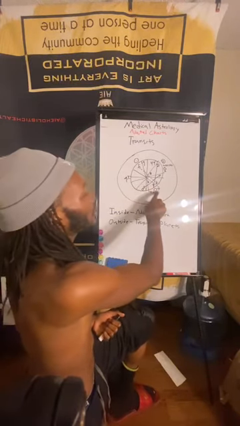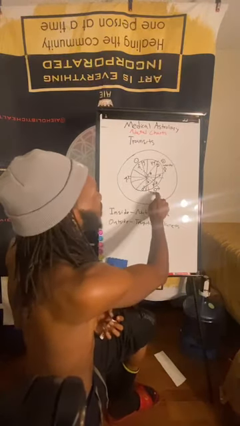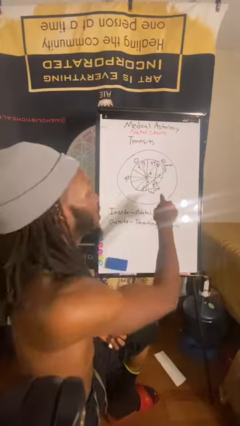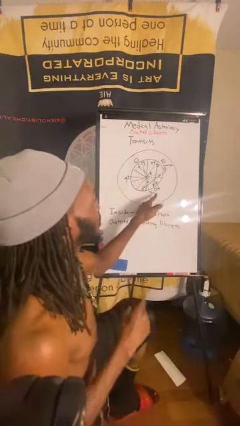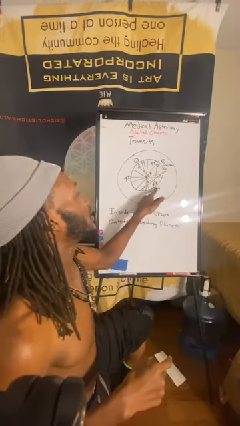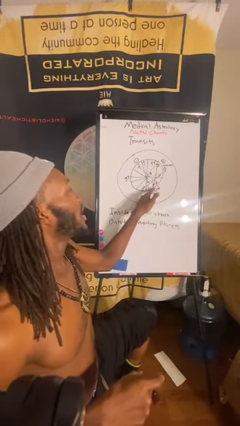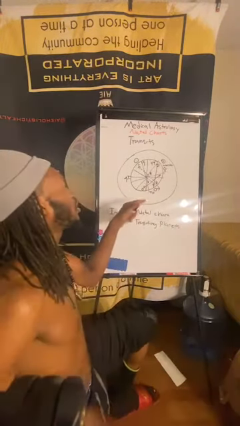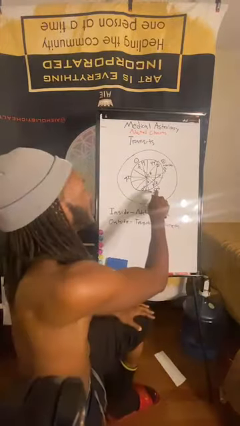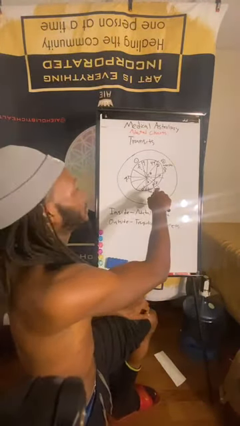Let's say the transiting Mars is conjunct your Mercury. Conjunct just means right next to each other. The transiting Mars is conjunct your natal Mercury. That means you may be more fiery, more aggressive, more assertive, with more oomph than you would normally be, because Mars is right here.